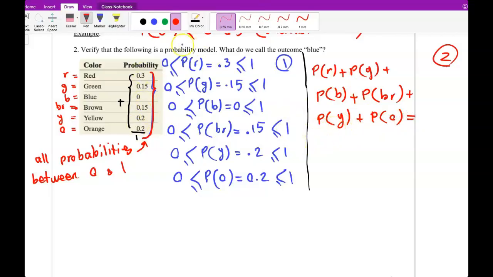So I'm writing these numbers. Okay, let's use a semicolon. So this is equal to 1.